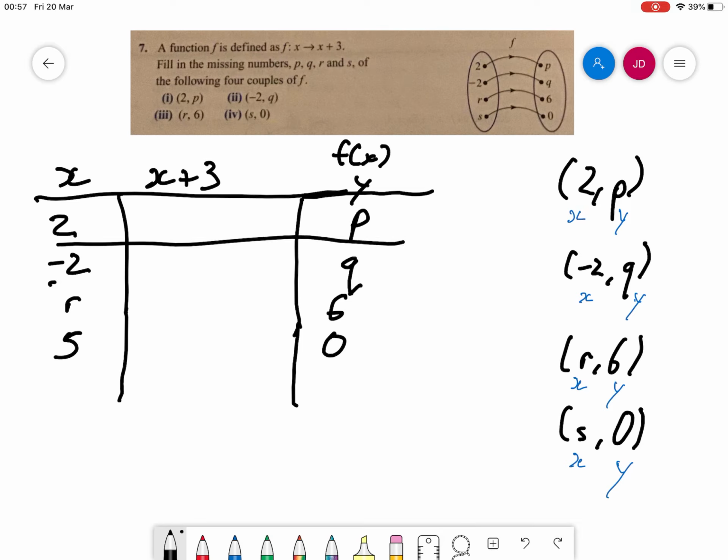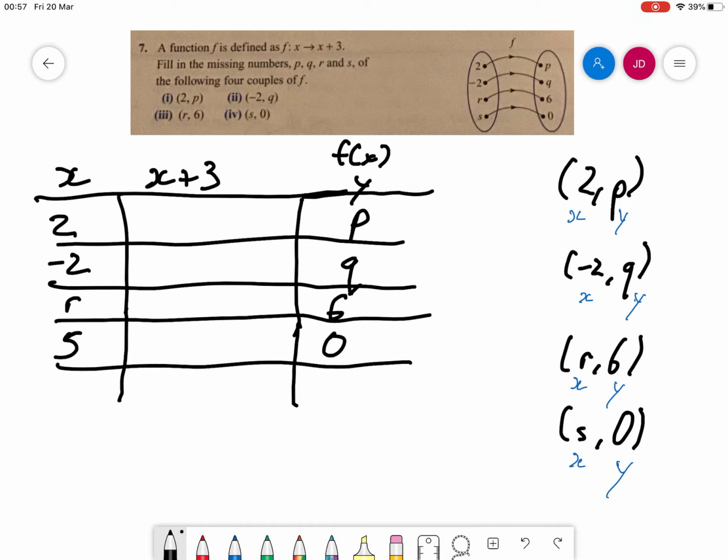Just draw little lines across there to make it very clear as to what's what. Excellent. Okay, so now let's use my formula to help myself out here.